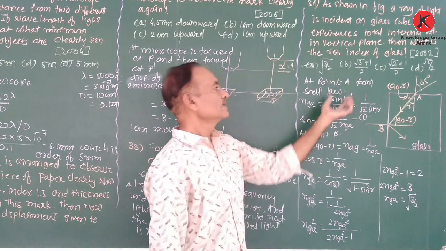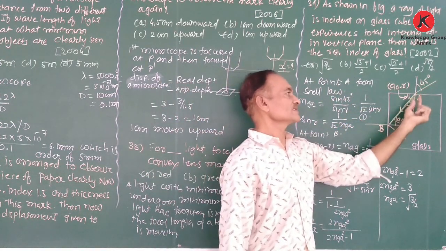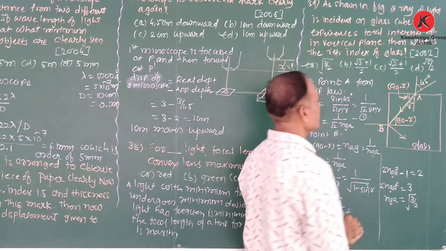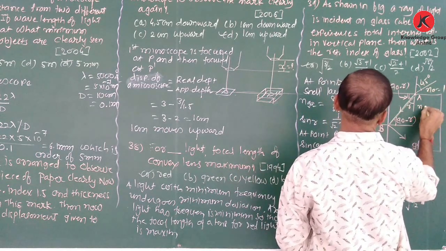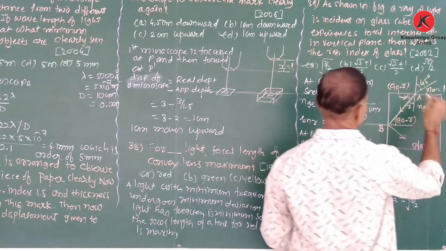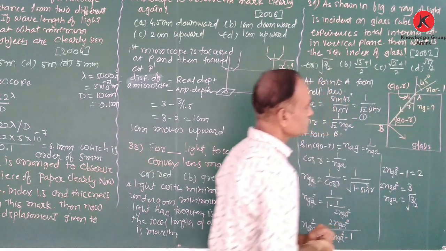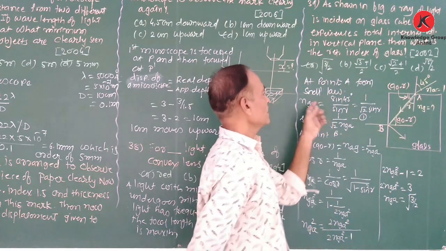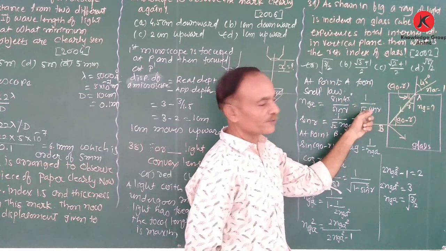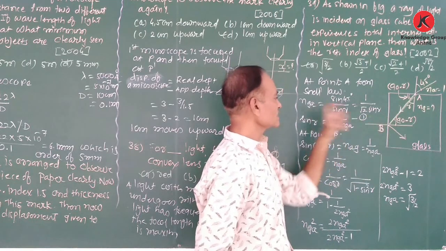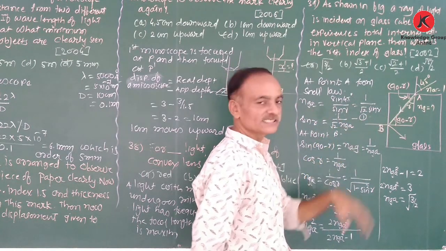Again, first we apply Snell's law: N1 sin i is equal to N2 sin r. Therefore, N is equal to 1, here that is NG. Therefore, NG sin 45 upon sin r, sin 45 is 1 upon root 2, so sin r is equal to 1 upon root 2 NG.